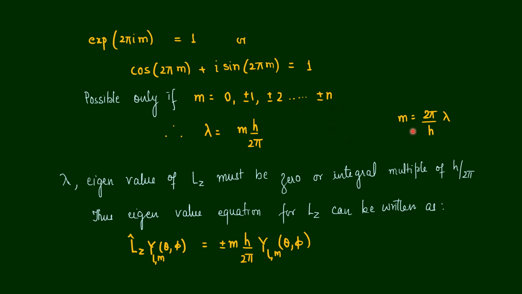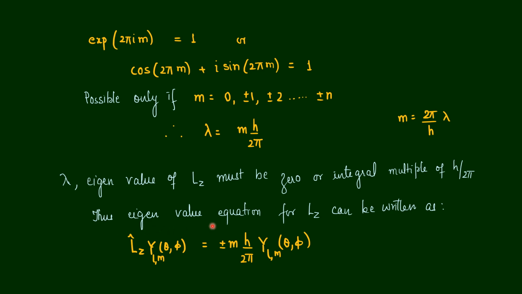We know that m is given by 2 pi upon h lambda. So rearranging this, we get the value of the constant lambda as m h upon 2 pi. That means lambda, the eigenvalue of Lz, must be either 0 or an integral multiple of h upon 2 pi.